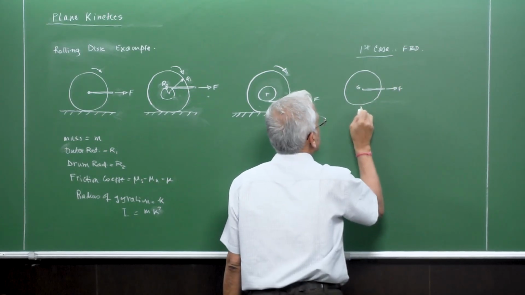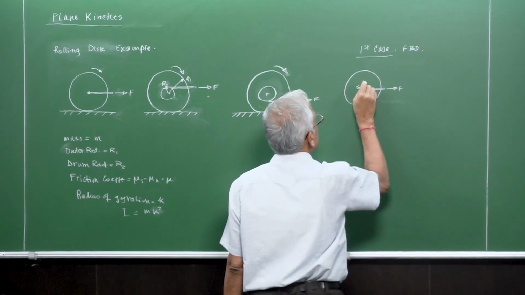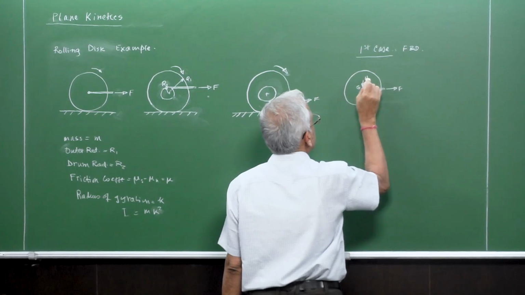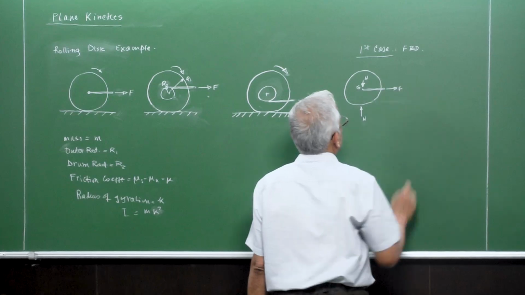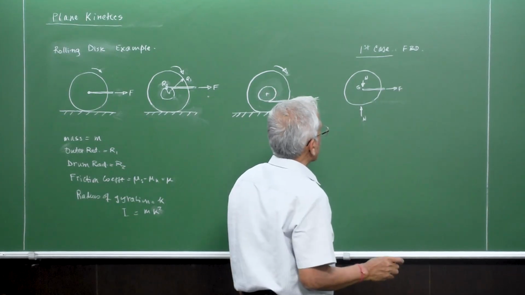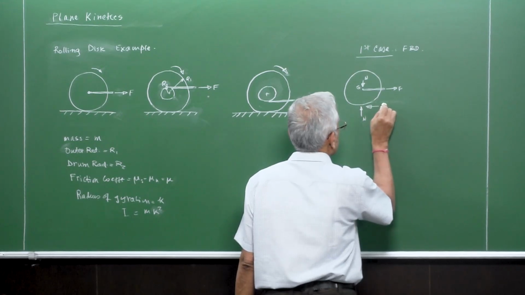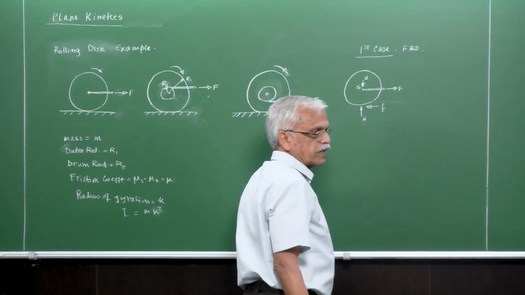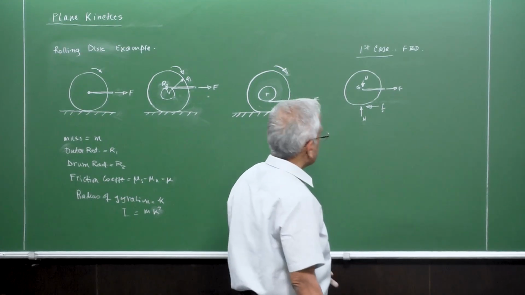So there is a normal reaction here, and there is of course a weight, and friction also acts here. Is the friction going to act like this or the other way?